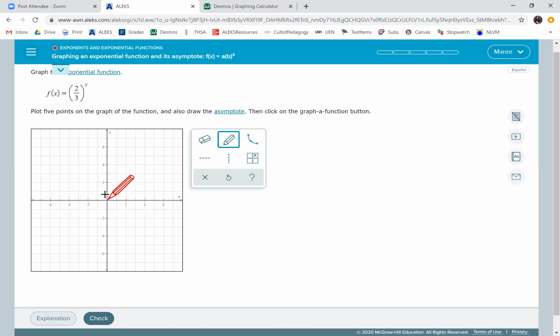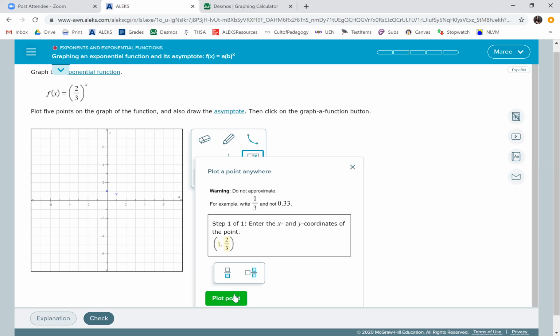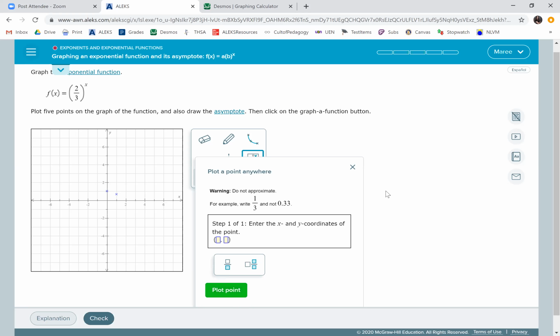So at 0, it's going to be 1. When x is 1, I'm going to have 2/3, so I want to plot that point. And when x is -1, the negative exponent means to do the reciprocal, so that's going to be 3/2.